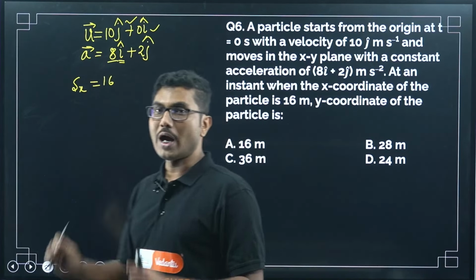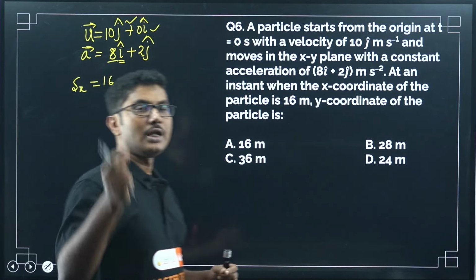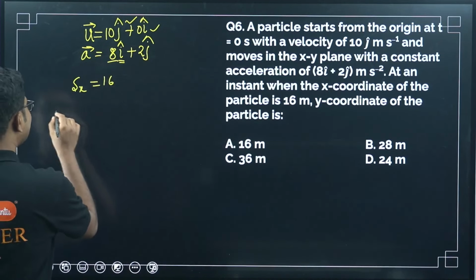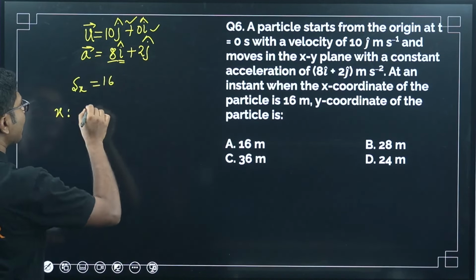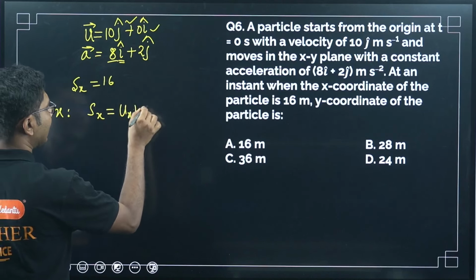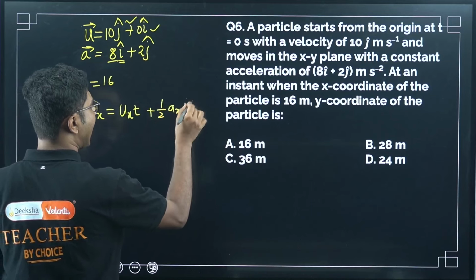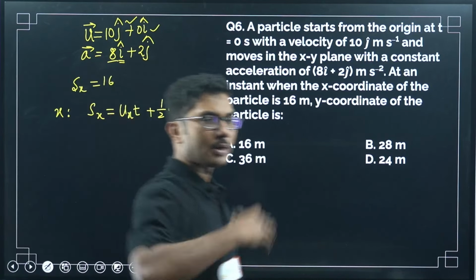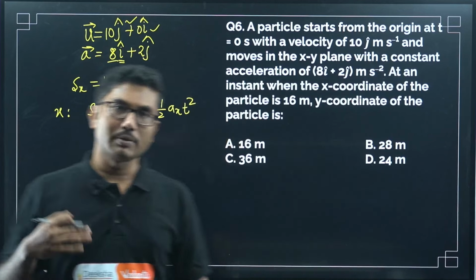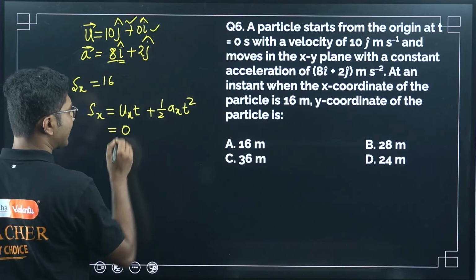So what we will do is apply the equation of motion individually along each axis. For x-axis we can write sx equals uxt plus half axt square. Time is common for both axes, but the components of velocity and acceleration will be different. So what is ux? ux is 0, so uxt is 0.